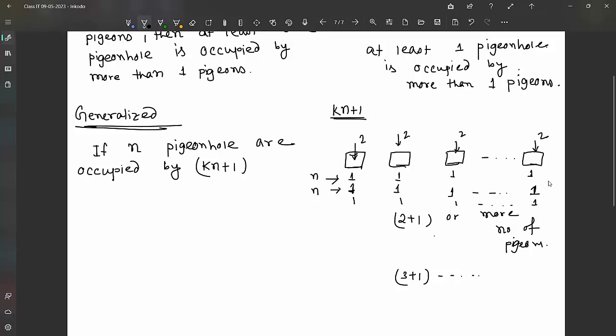So if it is kn plus 1, then you will put k pigeons in each box. After that you will be left with one pigeon and you have to put it in any one of the boxes. That means at least one box will contain k plus 1 or more pigeons.